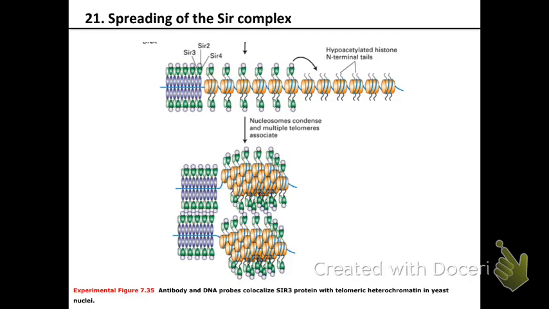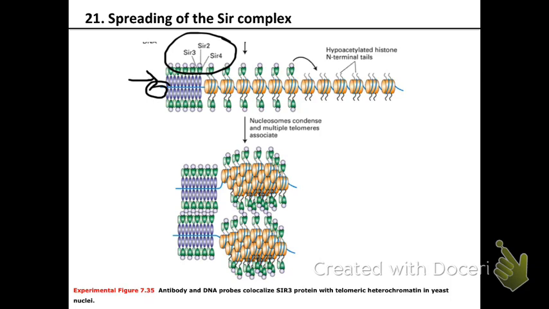All right. So let's look at a diagram for how the SIR complex actually works, how we think that it works, okay? So what you have is these little blue proteins. These are the recruiters. These are the proteins that bind to the telomeric DNA, recognize that DNA. And then they interact and recruit these three proteins called SIR2, SIR3, and SIR4.